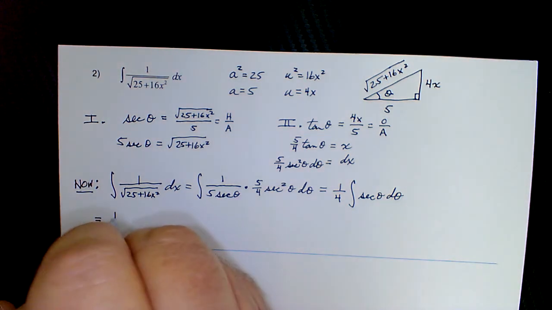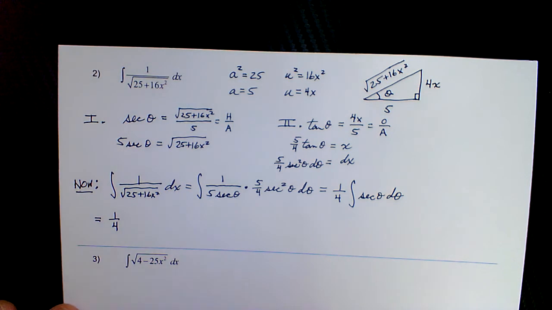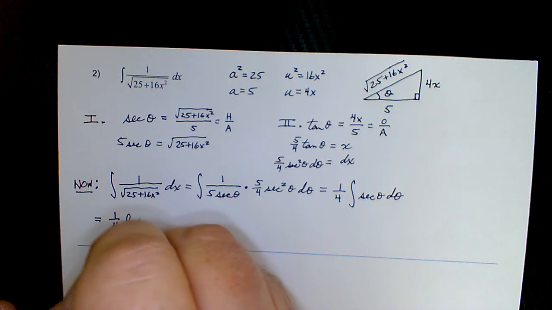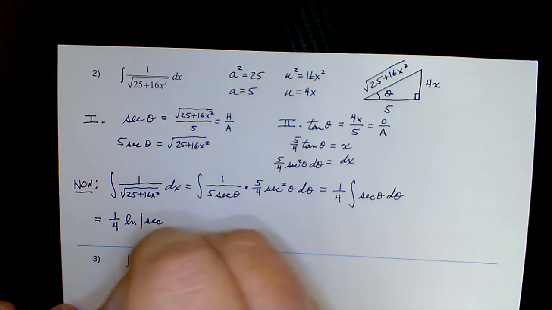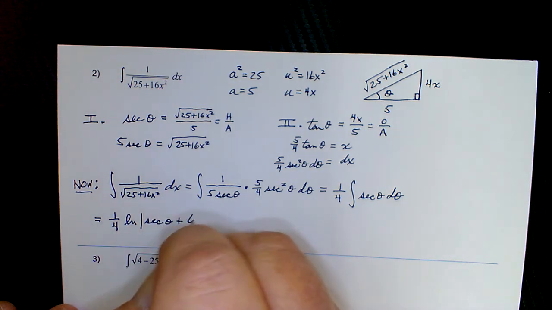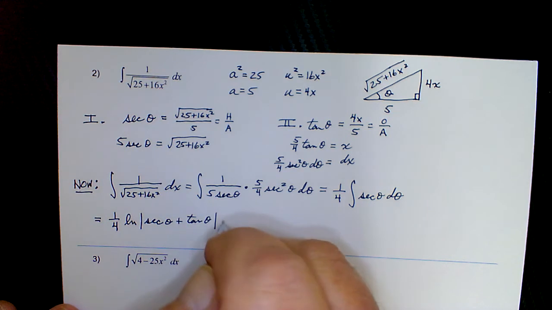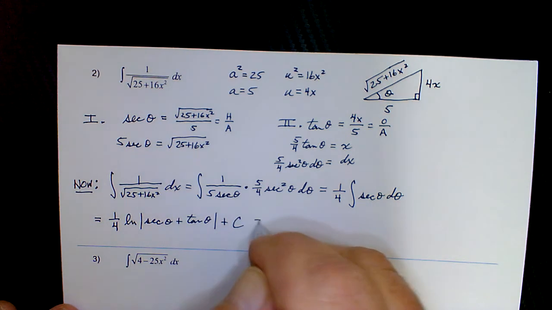If you look back at the formulas that we've had, the integral of secant we had proven is the natural log of the absolute value of secant theta plus tangent theta. So not one of the basic 6.